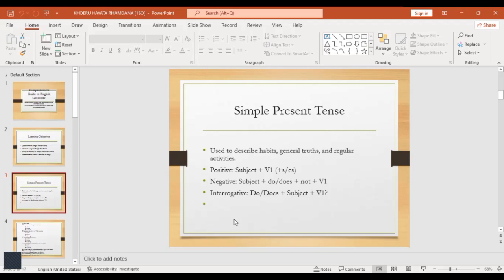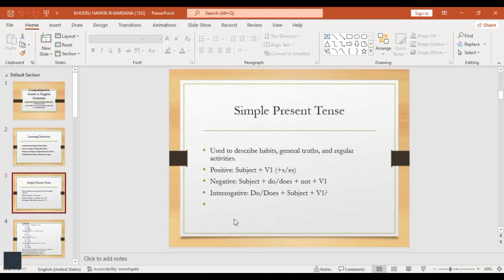In questions, we place do or does at the beginning of the sentence. For example, do you go to school by bus? For he, she, or it, we use does at the beginning, such as does he enjoy reading?